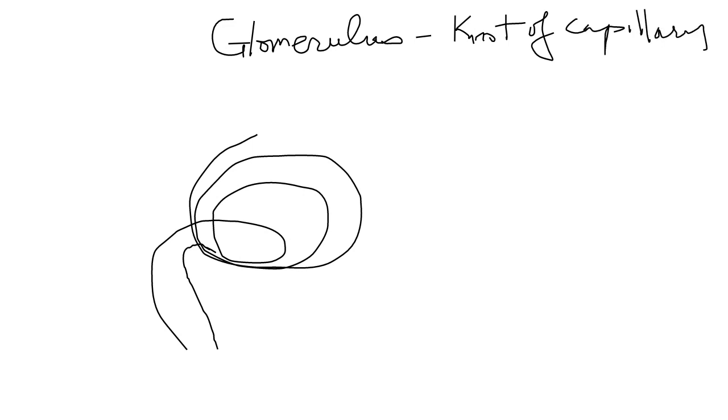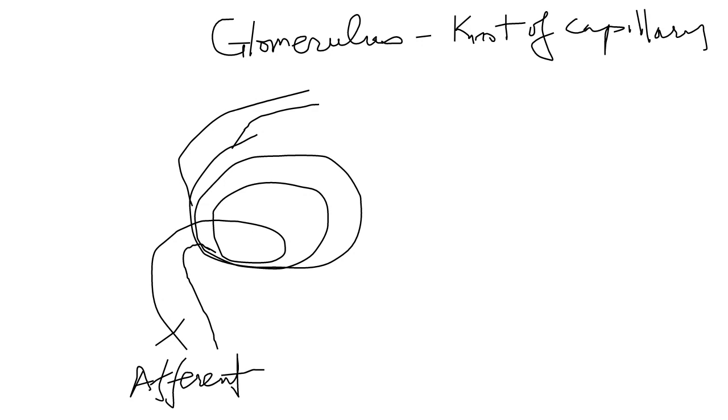It's known as glomerulus. And there's a blood vessel that brings blood out. The blood vessel that brings the blood into the glomerulus is known as the afferent arteriole. And the blood vessel that brings blood out of the glomerulus here, and it typically is smaller, right? This is known as the efferent arteriole.